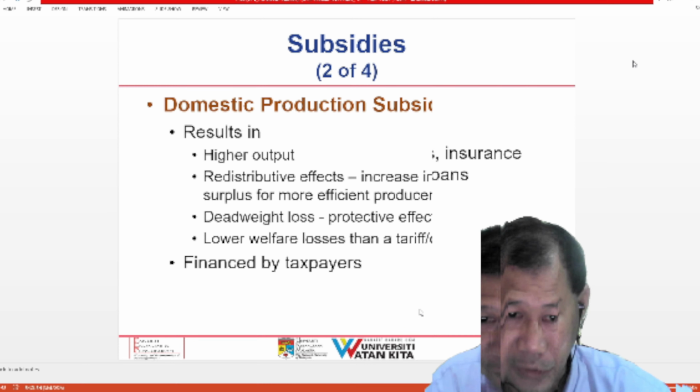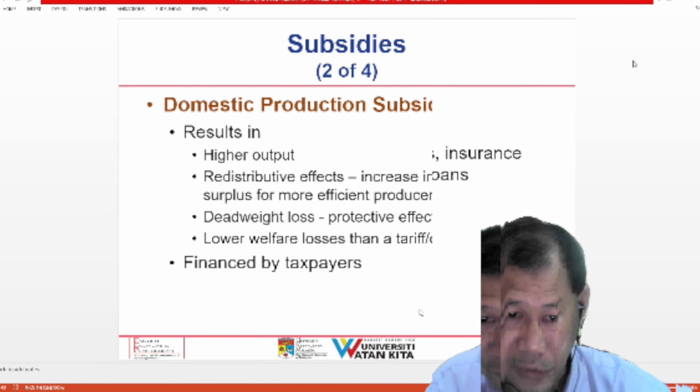First, we're going to look at the domestic production subsidy. And next, we're going to look at the export subsidy. Now, a domestic production subsidy is to subsidize domestic producers so that they can produce artificially at a lower cost for them.